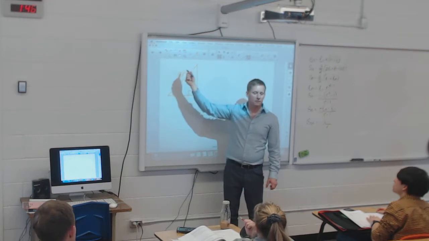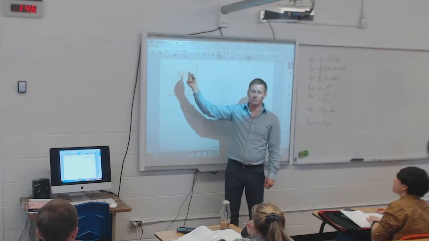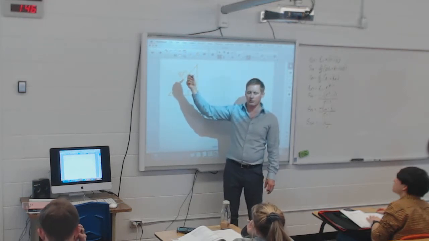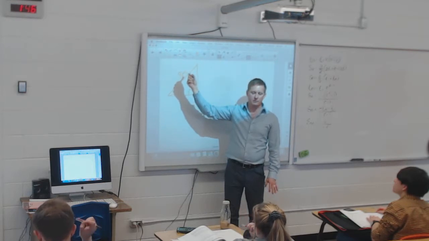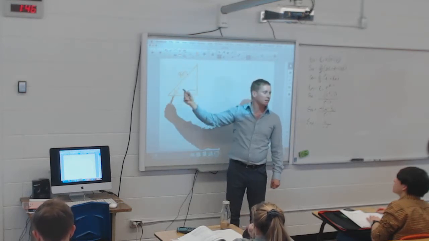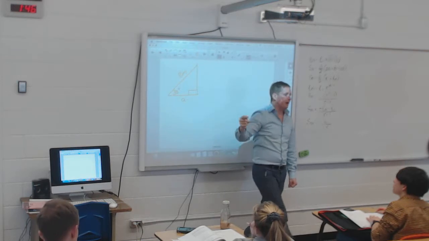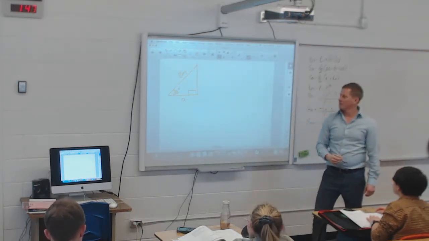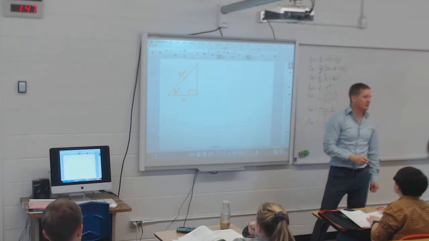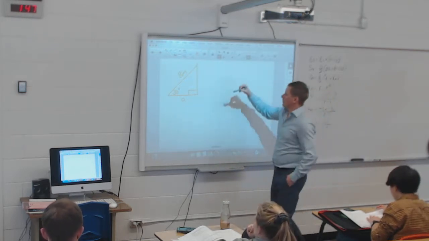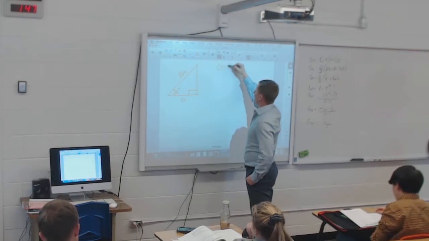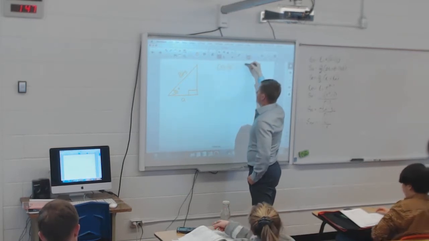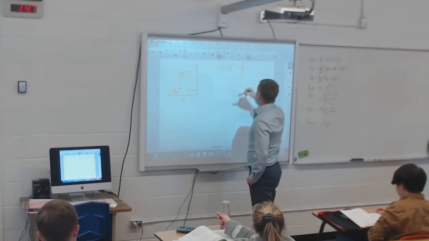Just wait. Where is 8 in relation to 30? Hypotenuse. So what are we talking about? Adjacent over hypotenuse, which is cos. So on the cos of 30 degrees, write this out. Cos of 30 degrees equals A over 8.